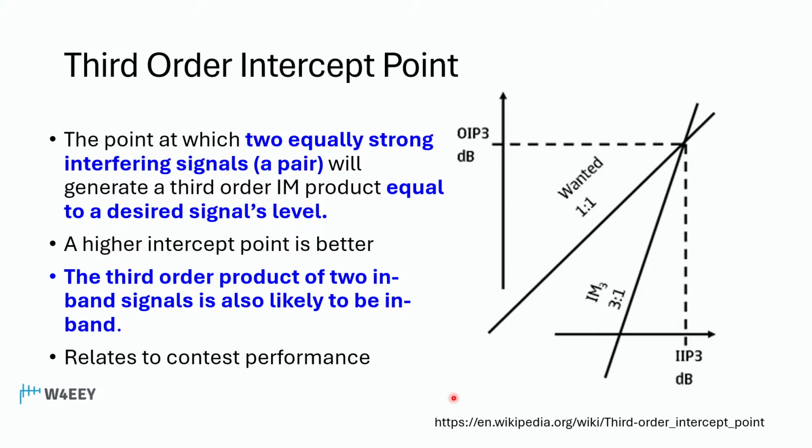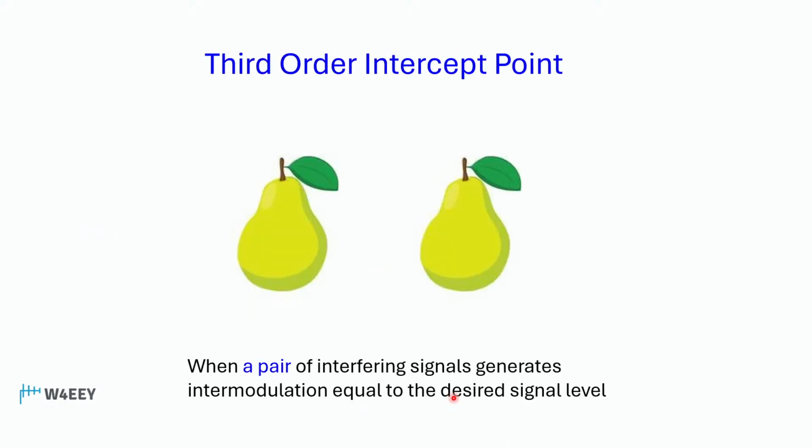You want this intercept point to be as high as possible, because the third order product of two in-band signals is also likely to be in-band. So what I want you to remember about third order intercept point: it's a pair of signals. See what I did there? A pair of signals that generates interference equal to the original signal that you're trying to receive.